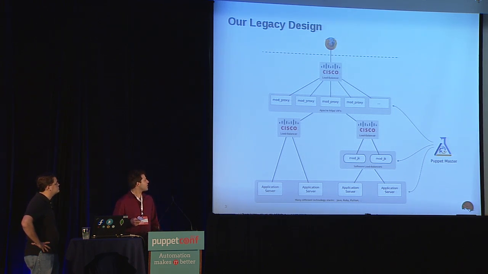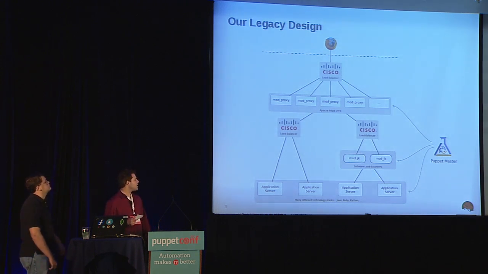And once it's figured out that logic, it's going to route you down to some application layer. That could just go through another load balancer, which will distribute traffic across application nodes. And then in some cases, you might actually hit a load balancer that's going to route you down to another Apache cluster running a software load balancer, your mod JK, so to speak. And then from there, you finally get down to another application layer.